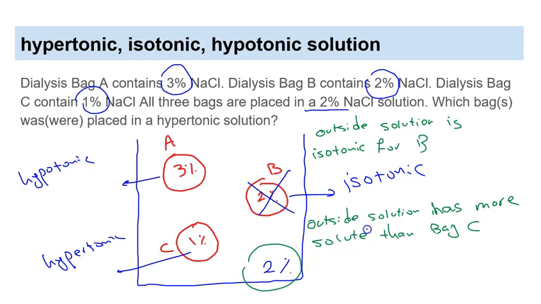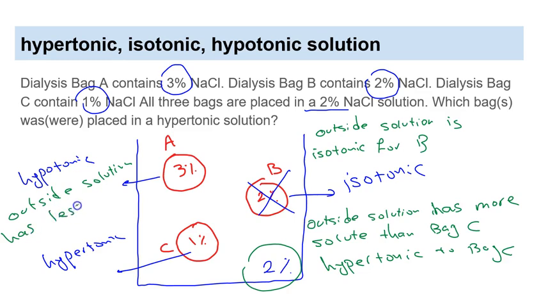It means that the outside solution is hypertonic to bag C. And if we do the same for our bag A, we can say the outside solution has less solute, more water than bag A. So the outside solution is hypotonic for bag A.